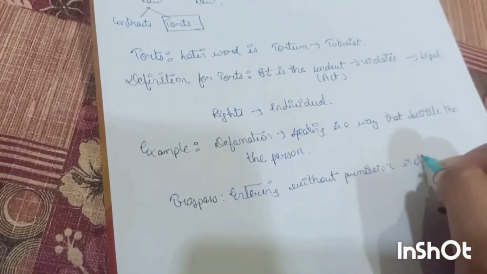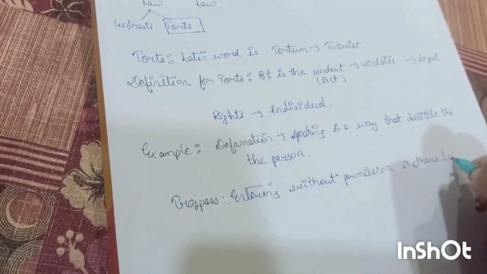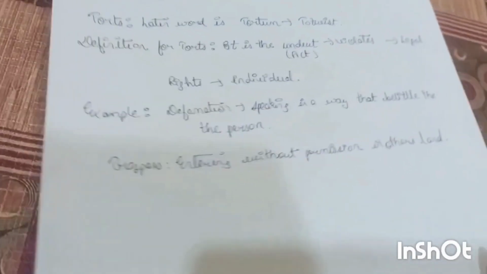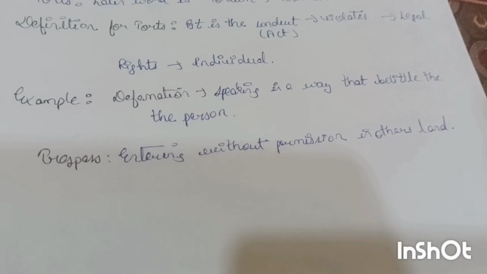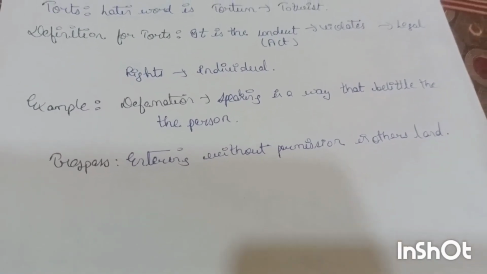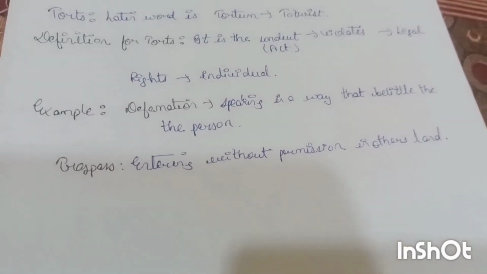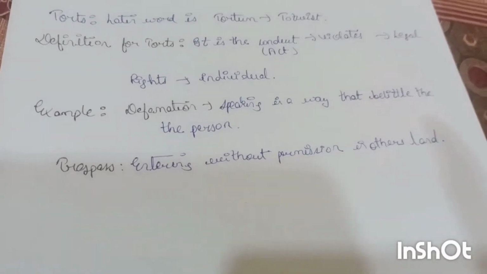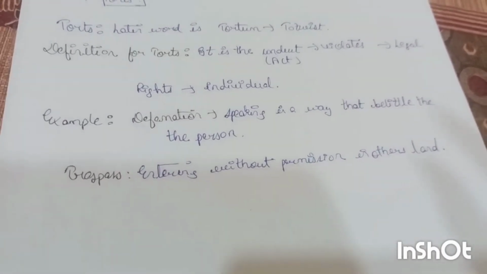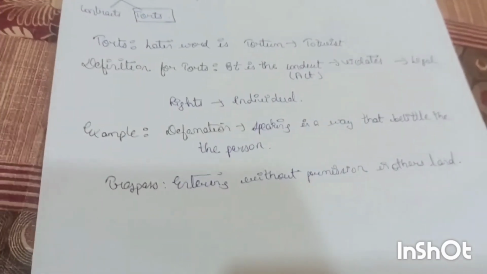As per Article 21, you have the right to privacy. So if you are entering someone's house or someone's playground without permission, that is trespass and that will come under torts.